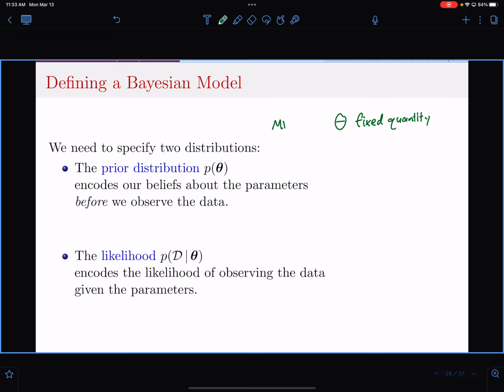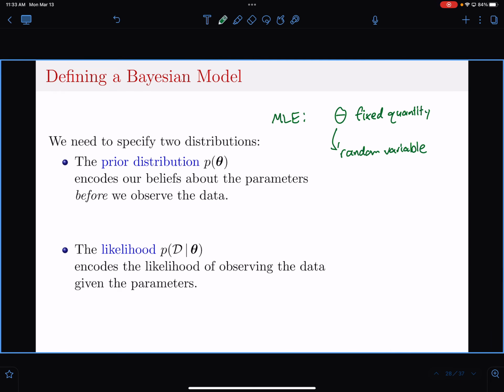What we're going to do now is treat theta as a random variable as well. So theta also has some underlying distribution. The Bayesian viewpoint is you have some prior idea of what your model parameter looks like, you observe your data, and then you update your prior belief to a posterior belief on what the distribution over the random variable looks like.